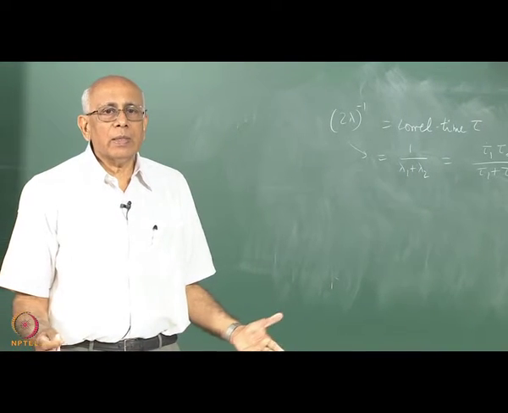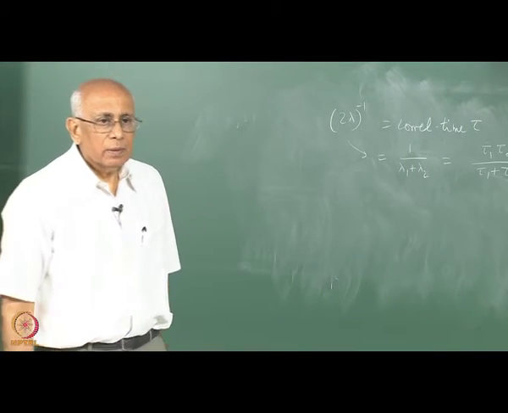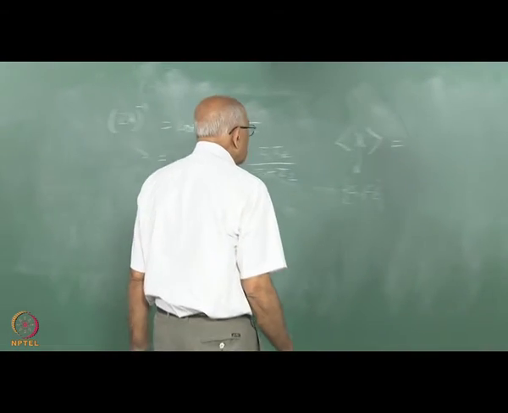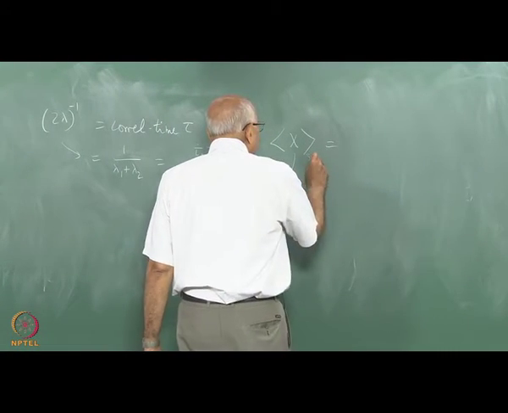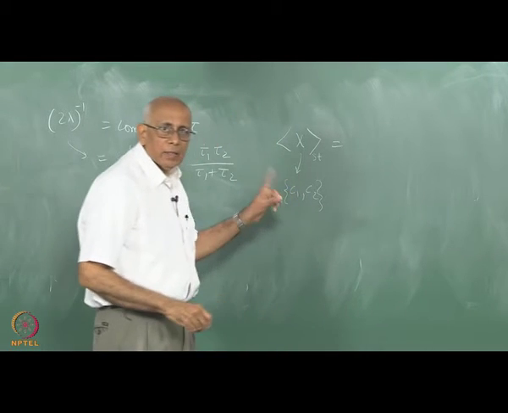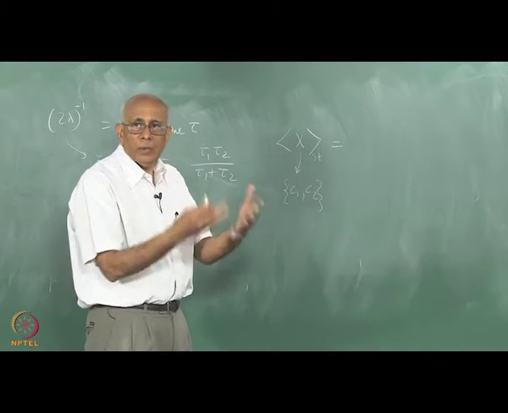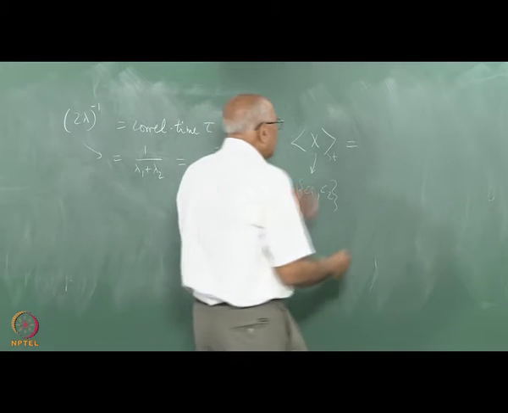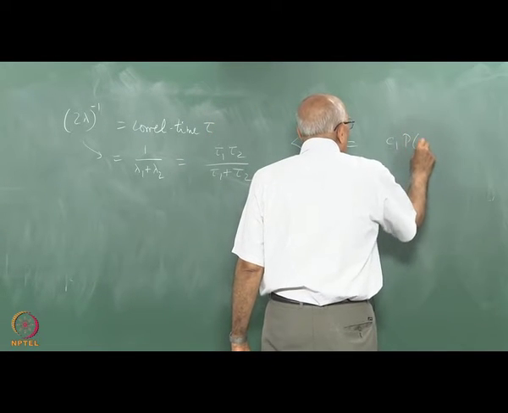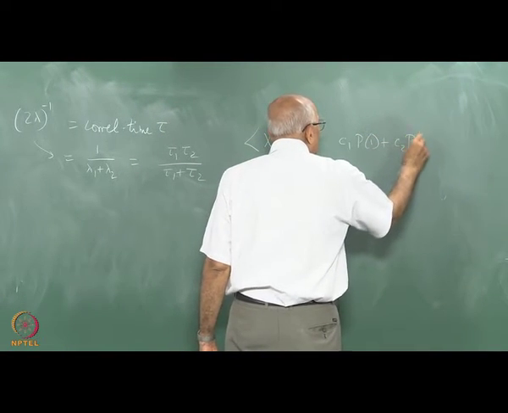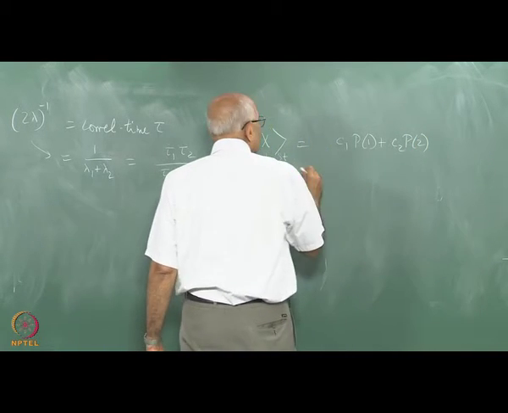So what you expect is the average value of x, stationary, is with respect to the stationary distribution. By definition this is equal to C1 P1 plus C2 P2.